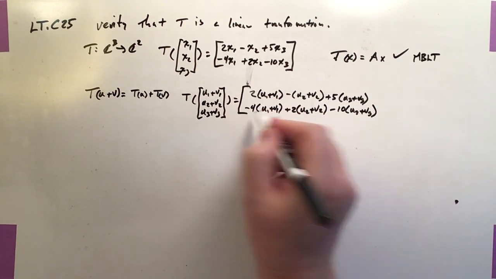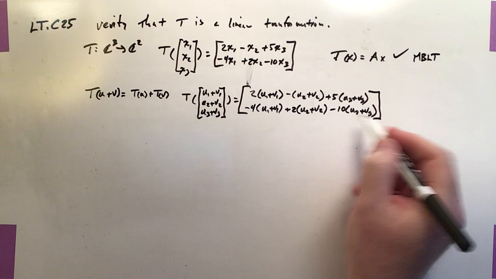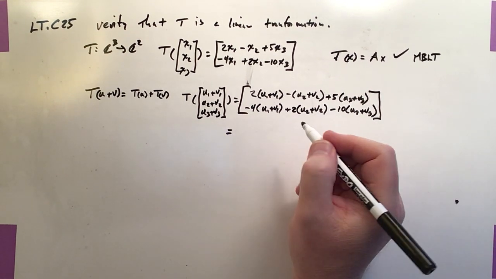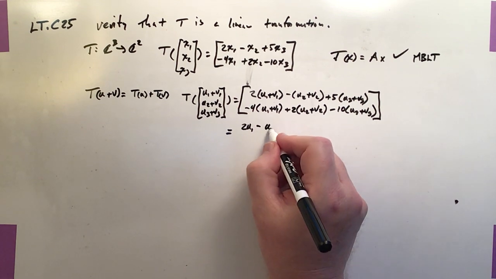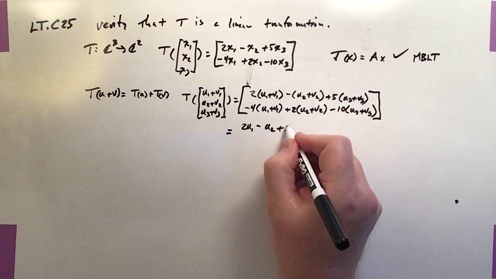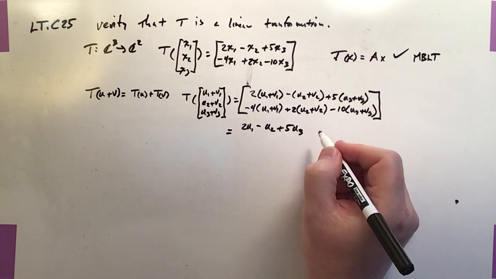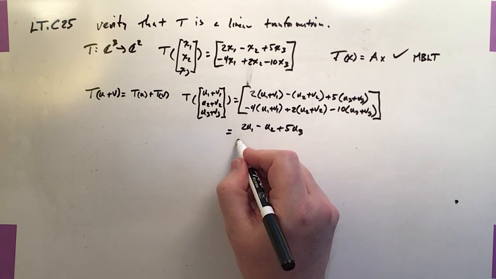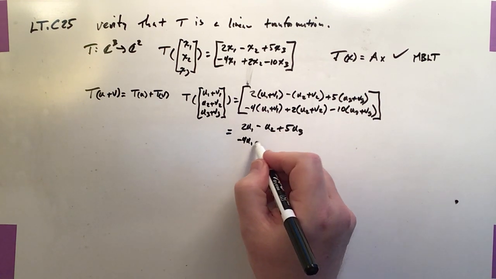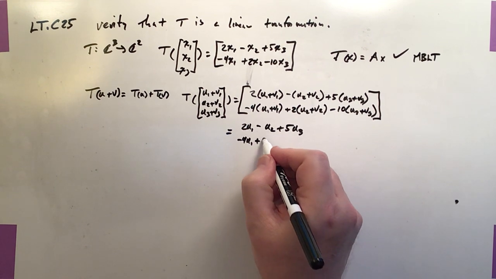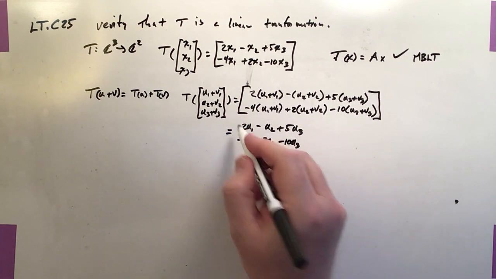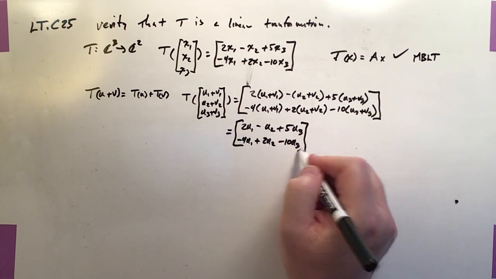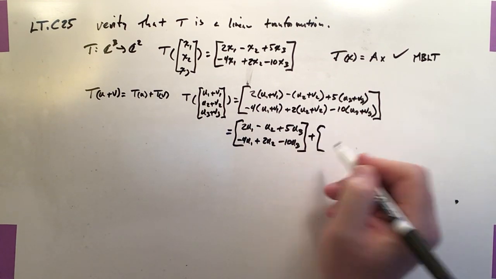Well, if I take this particular matrix and manipulate some of its elements, I can basically turn it into 2u1 - u2 + 5u3, and underneath it -4u1 + 2u2 - 10u3. So that's one matrix, and then that matrix is added to a second one.